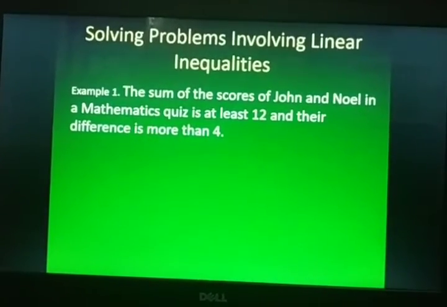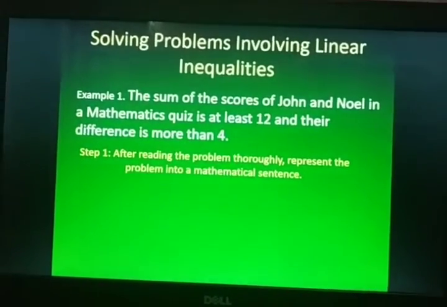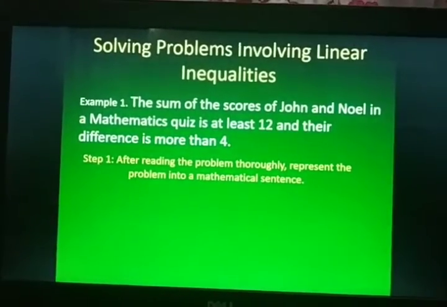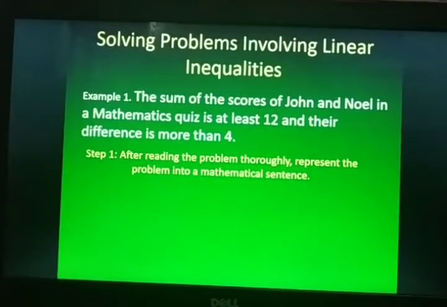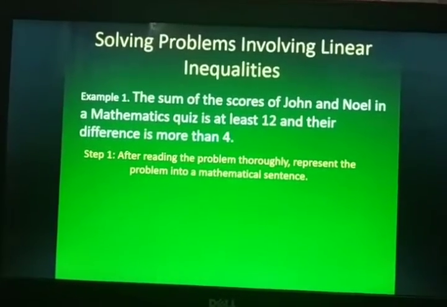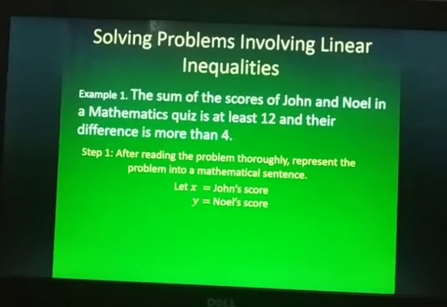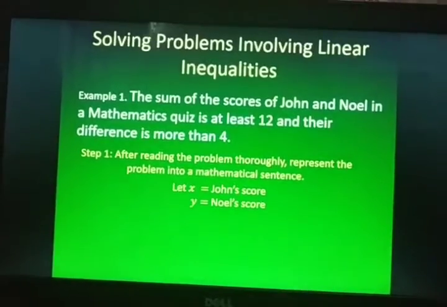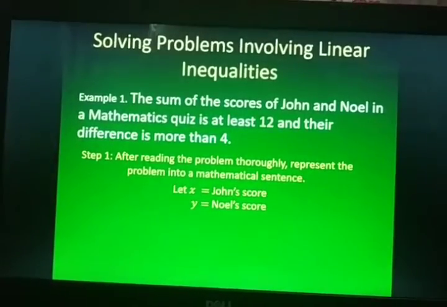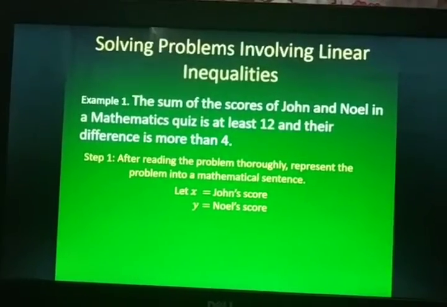What are the scores of John and Noel? Okay, so after reading, represent the problem into a mathematical sentence or statement. Wala na assign na, so let's assign. X is John's score and Y is Noel's score. Again, we do not know kung sinong taas gid sa ila. Pero unahan ta kay John, kay una siya sa sentence, kay Noel dayon.